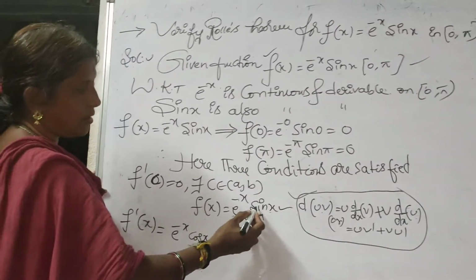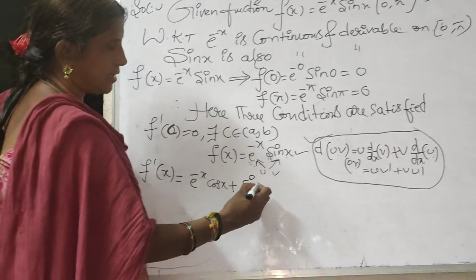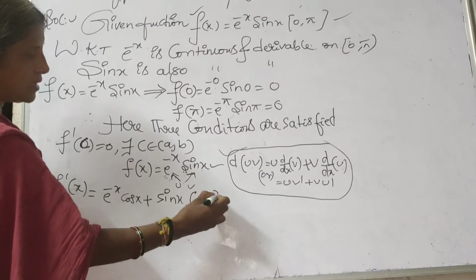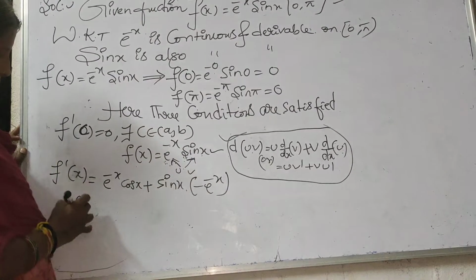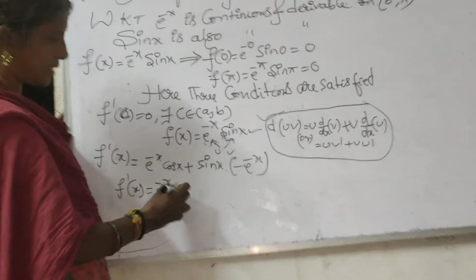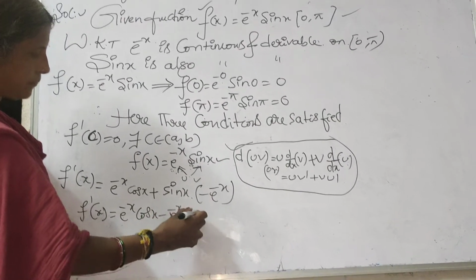Plus, now v is the constant, sin x into differentiation of e power minus x, which is minus e power minus x. Now f dash of x equals e power minus x cos x minus e power minus x sin x.